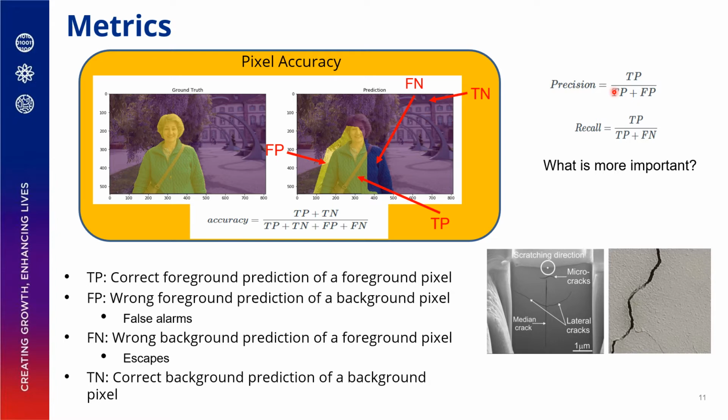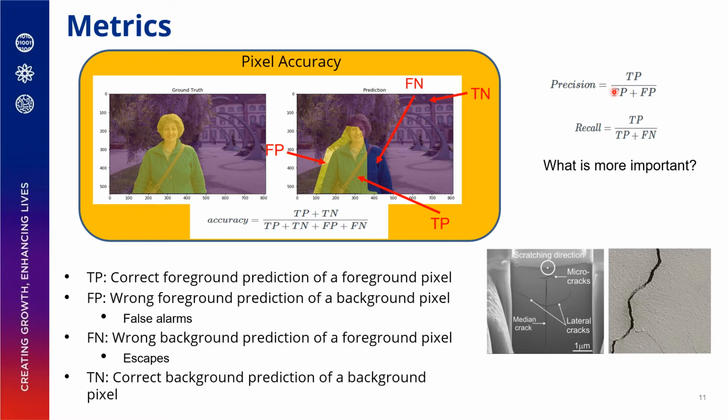Your recall reduces when your false negatives increase, which means that you weren't able to identify the foreground where there was actually foreground, right? Usually the way you decide something is the foreground or not is based on a threshold that will come in the next one or two slides.